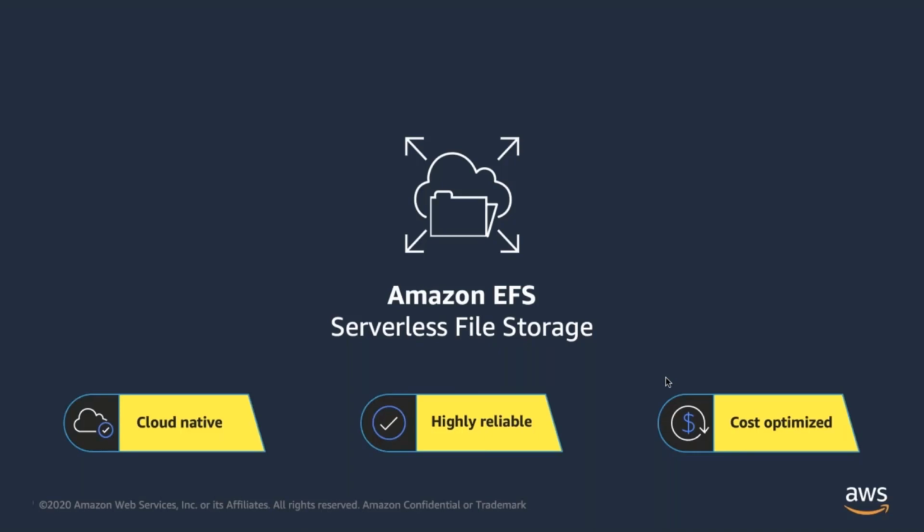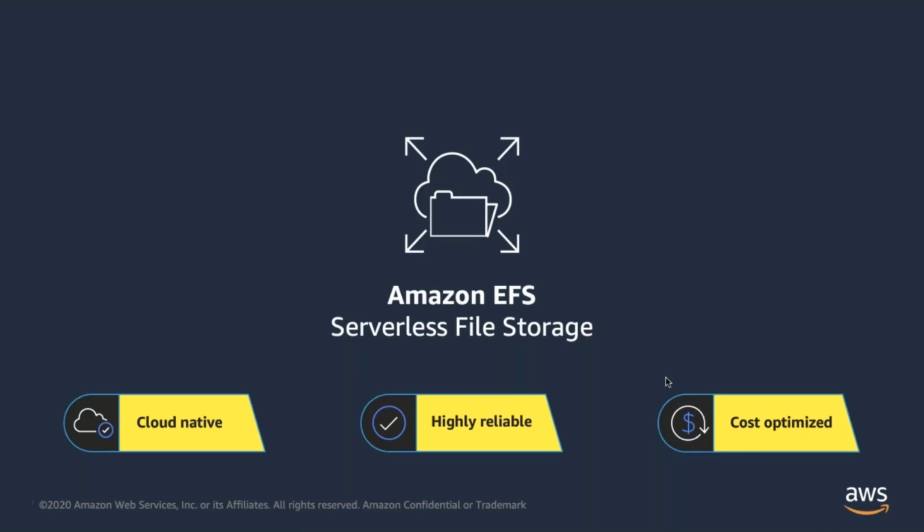Last, Elastic File System is cost optimized. And it's cost optimized not only because of the elastic nature, where you never have to worry about underutilization of resources, but also because we have two storage classes that optimize your cost automatically. We have EFS Standard, which is appropriate for the data that you're actively reading and writing because it has the best performance.